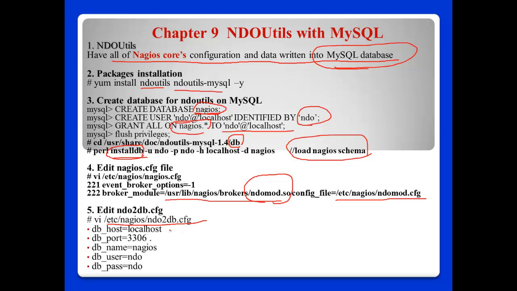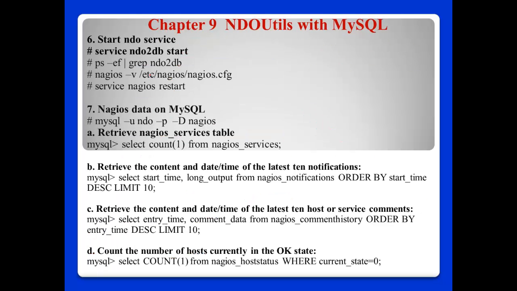So here we have to define the database host and the port number, 3306. This is the MySQL default port number. And the DB name will be Nagios, and the user NDO, and the password the same. Okay, and after that, number 6, we need to start the NDO database.